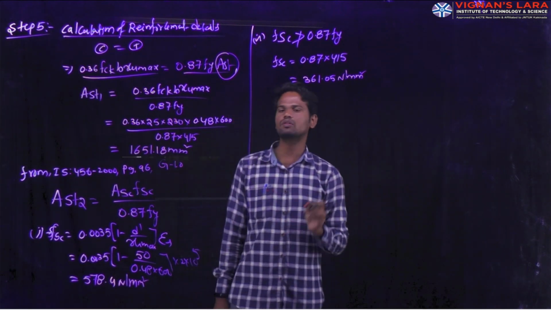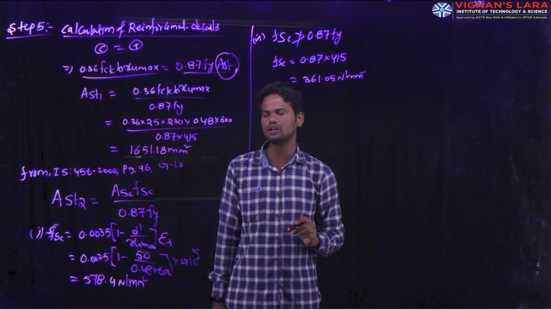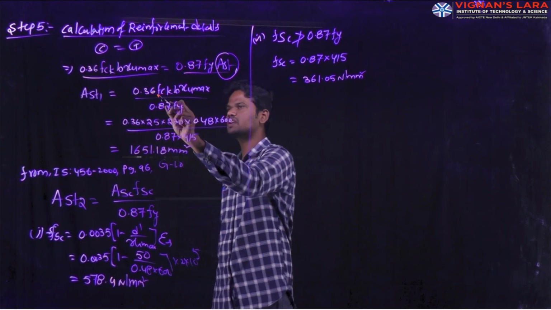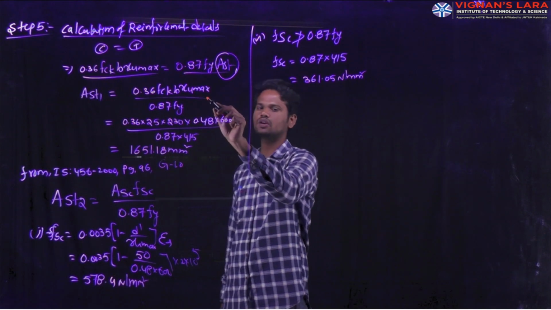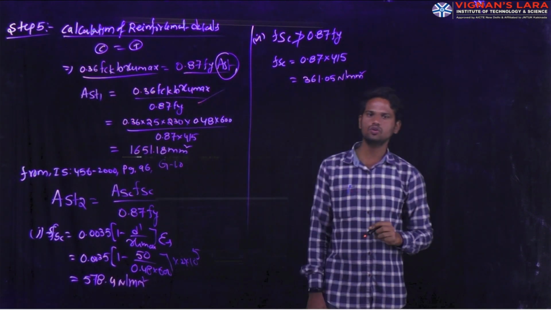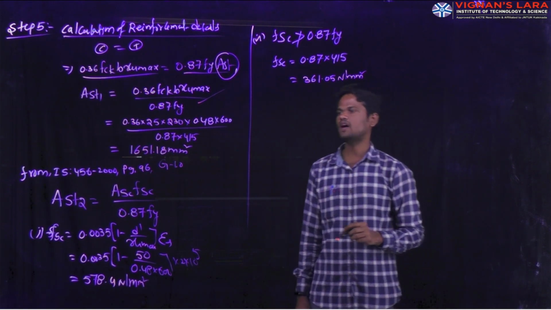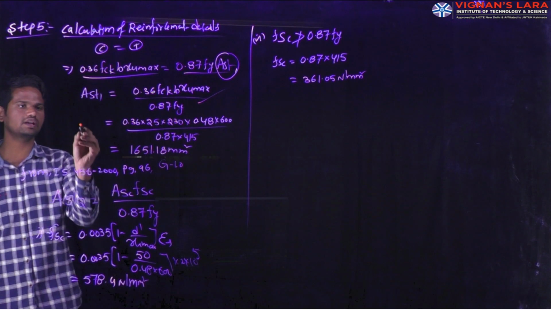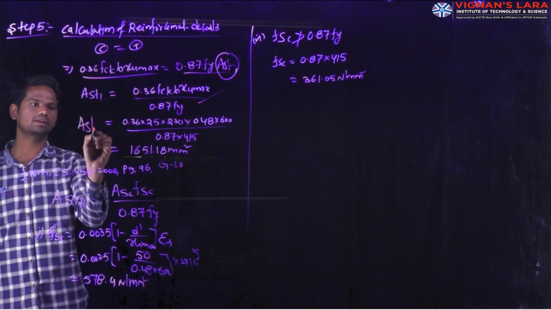Ast1 equals 0.36 fck b xu max divided by 0.87 fy. From this we calculate the area of the steel reinforcement for the limiting moment.